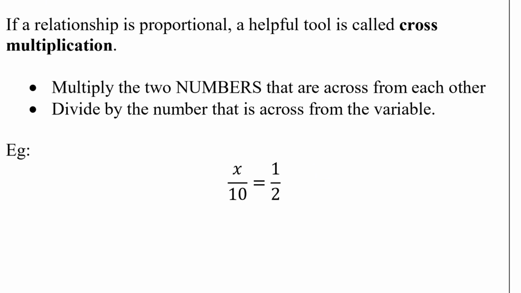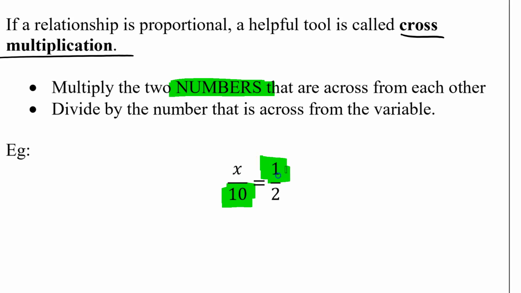Now this is like your grade 9 C5. So if a relationship is proportional, then a helpful tool to be used is called cross multiplication. So first things first, multiply the 2 numbers that are across from each other. Now the key here is numbers, okay? I'm talking about like in an X. So the 2 numbers that are across from each other, so this one and this one.